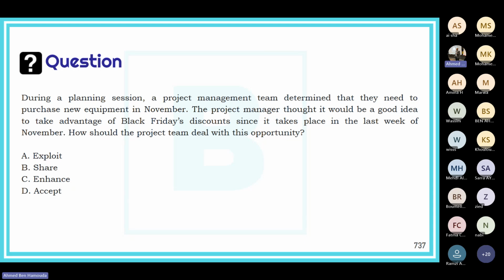Now, if they decided to buy the equipment in the last week of November, that's not sharing, and that's not enhancing. Enhancing would be like trying to get Black Friday earlier in November. That's not just sitting and watching. That's actually exploiting. So the right answer here is exploit.